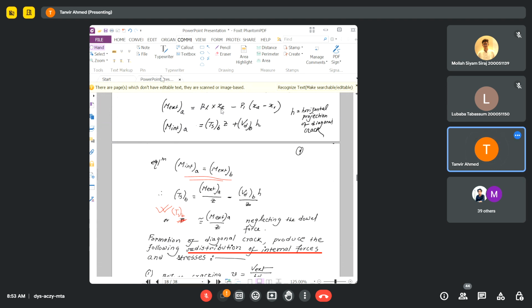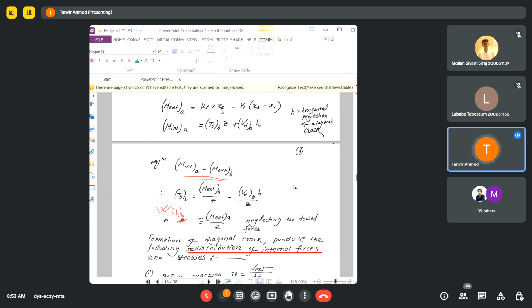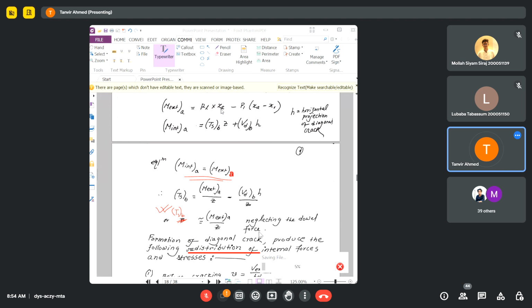Sorry, this is the external moment at point A. So the external moment at point A and internal moment at point A will be equal. Okay. Now the internal moment at point A is this one.